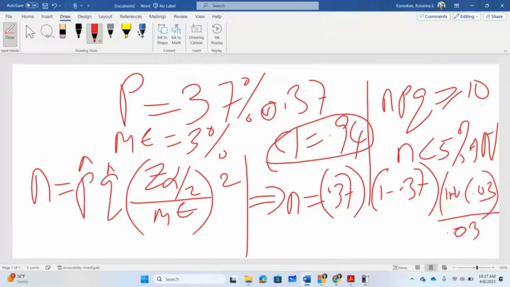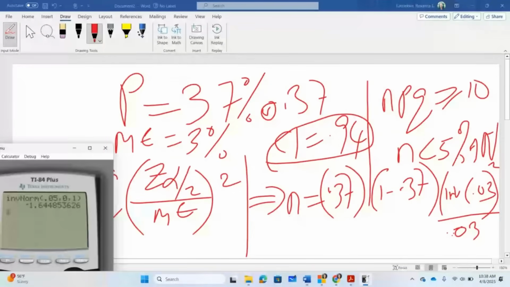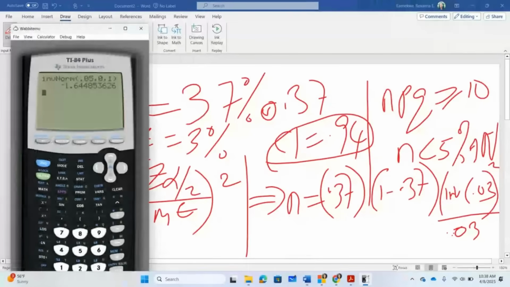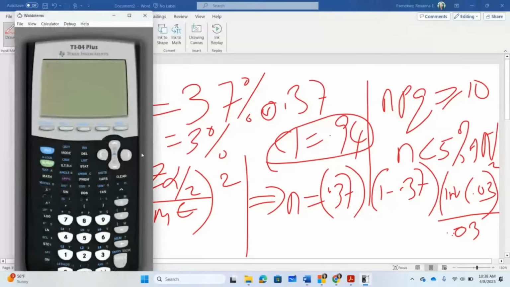Okay, there I can now calculate. So I bring out my calculator. Remember that we have to square this. So this is the calculation of sample size for proportion. You can be told to find this, and you have a formula sheet though. So you want to calculate the critical value first.